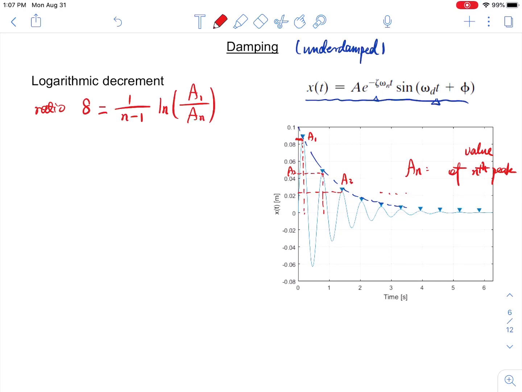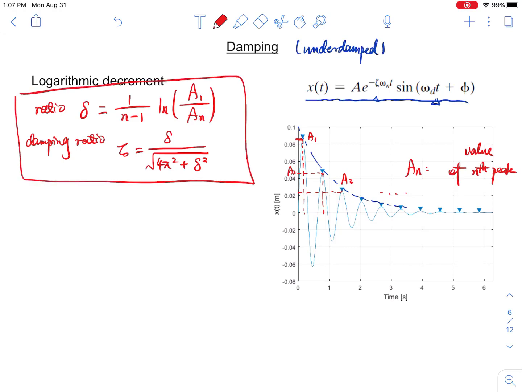So that's how you get your small delta, and then your damping ratio zeta equals delta divided by the square root of 4 pi squared plus delta squared. So that's the equation we use to describe the damping coefficient.